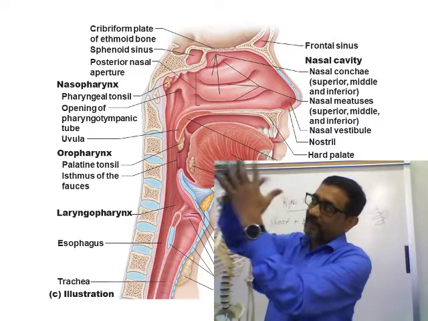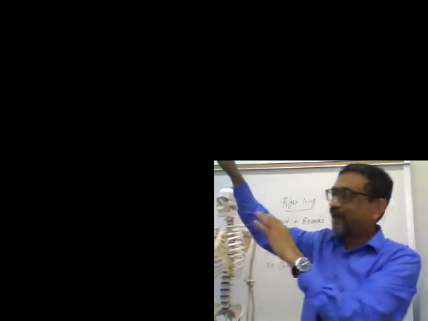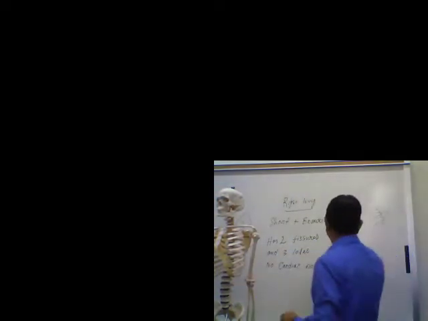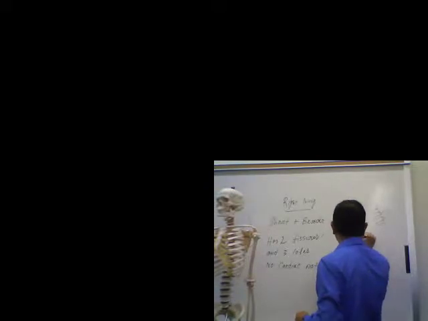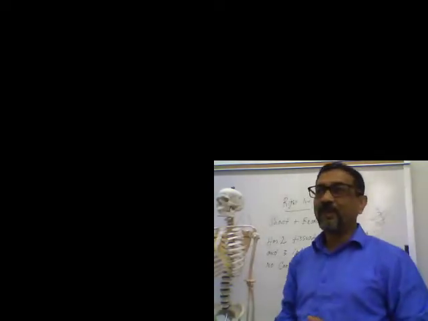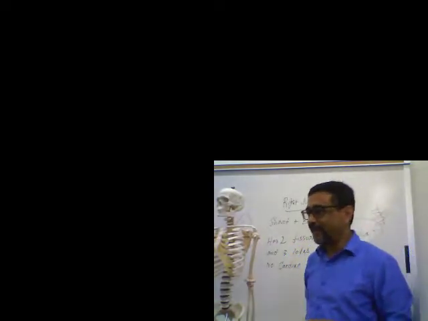If something hits the head, that can move the cribriform plate this way, ethmoid bone, and that can cause crash or damage of the olfactory nerve fibers passing through those olfactory foramina, and that will cause anosmia, the condition. No smell, because olfactory nerve fibers are damaged, can't carry the signal from the nose to the brain. Make sense? So that will cause absence of smell perception in that person.